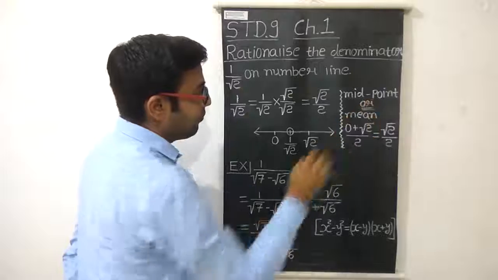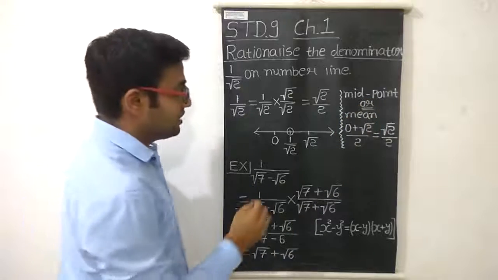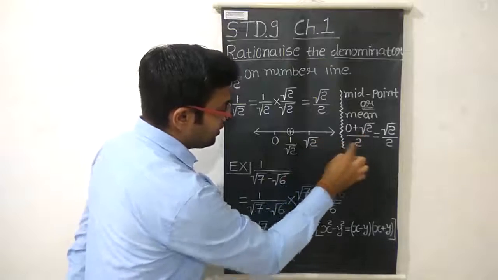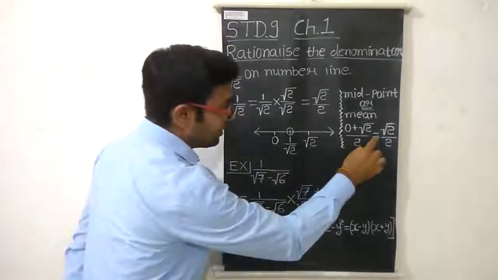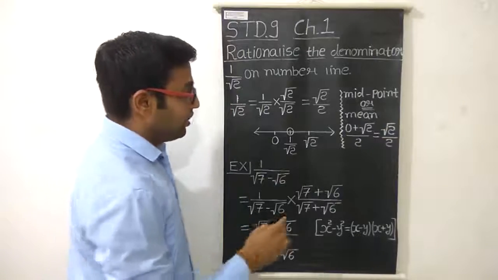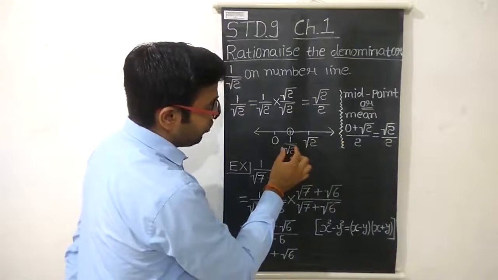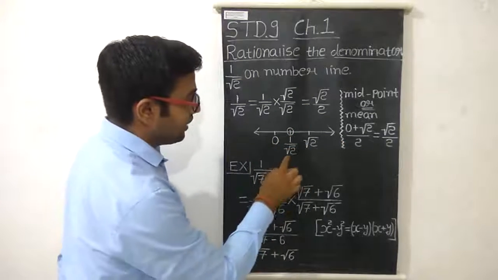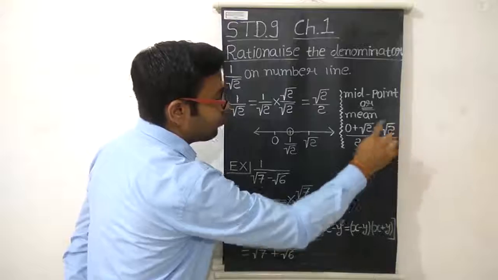To find the midpoint, what we used to do is add the first number and the second number and then divide by 2. So the result we get here is under root 2 upon 2, right? So this point is now the midpoint of 0 and root 2, and the value of this point is under root 2 by 2.